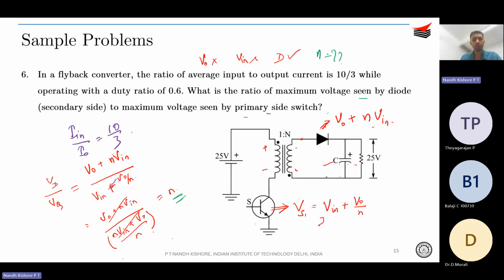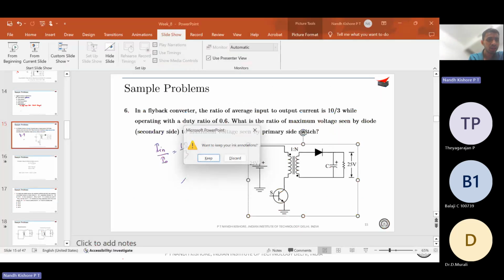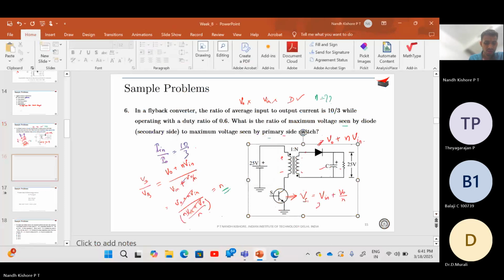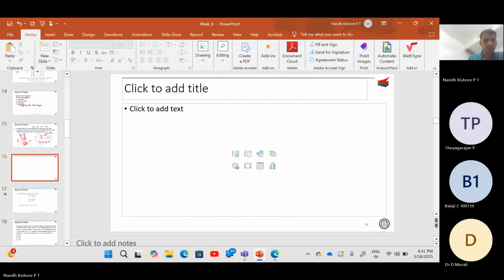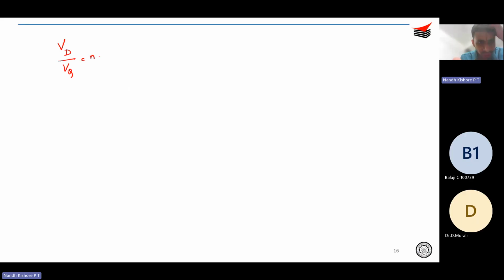Okay, now we will go back to the problem. That is I in by I naught is 10 by 3. Correct. So let me take a new slide. We just saw that VD by VQ is equal to N. This is on one side. And what is given is I in over I naught is 10 by 3.